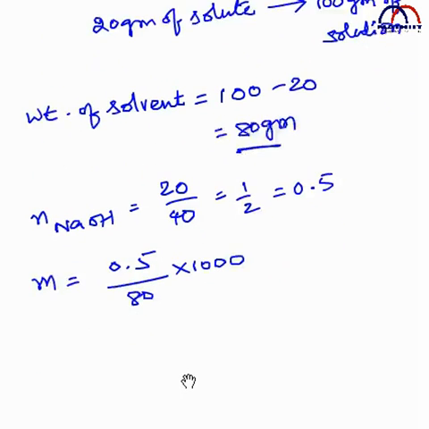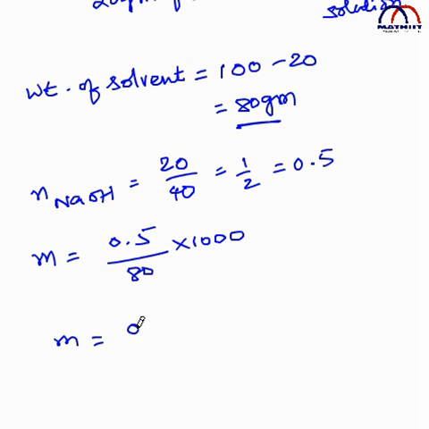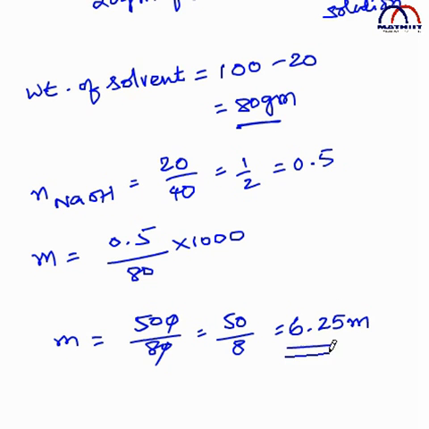Then the molality is, rather it should be, 500 by 80, isn't it? 500 by 80, the 0 gets cancelled. 50 by 8 I am getting here. Now 8 fives are 40, 8 sixes are 48, 2 left, 6.25 m. This is the molality of the solution, the answer.